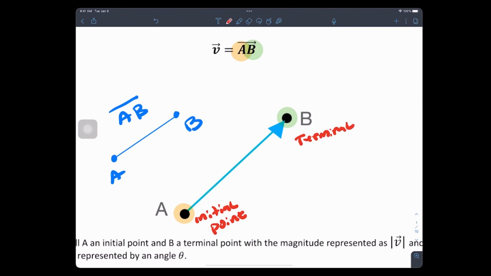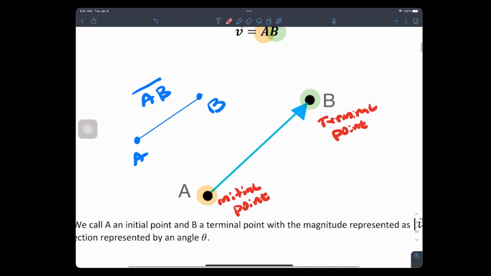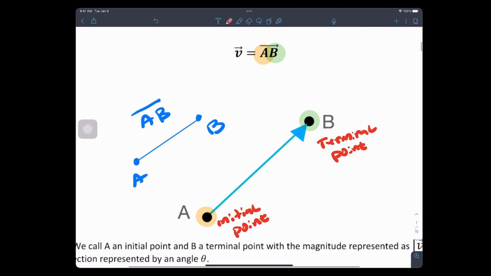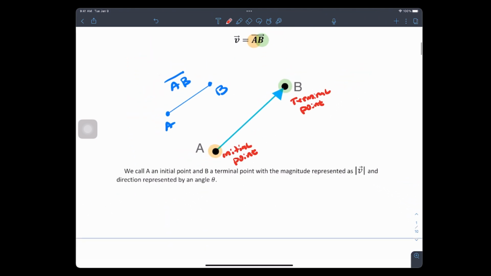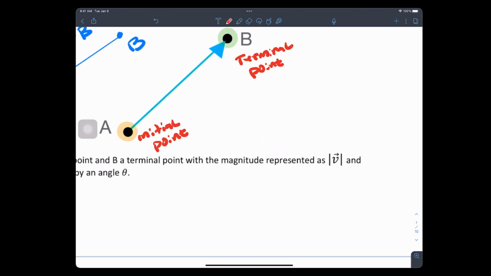Terminal point. You got the initial point, you got the terminal point. Okay? So that's kind of what I'm saying here as well. We call A the initial point, B the terminal point, with a magnitude represented.